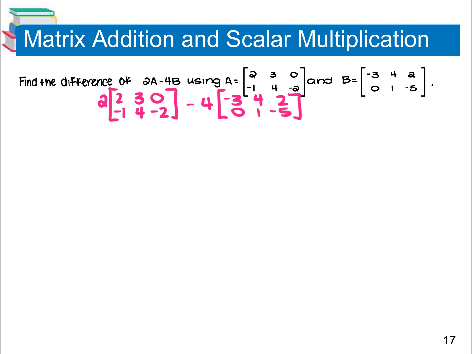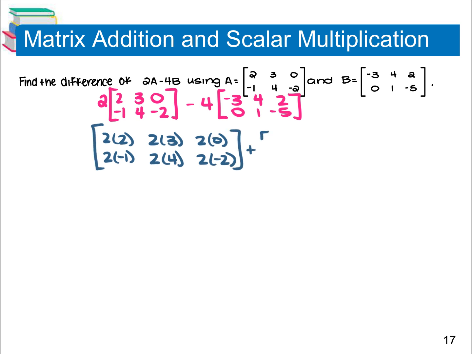So that means we are going to do 2 times 2, 2 times 3, 2 times 0, 2 times negative 1, 2 times 4, and 2 times negative 2.